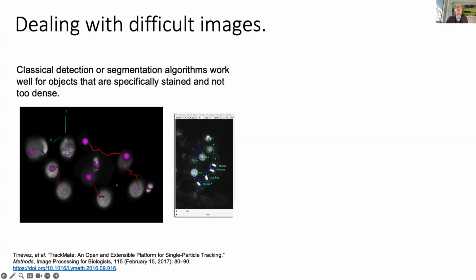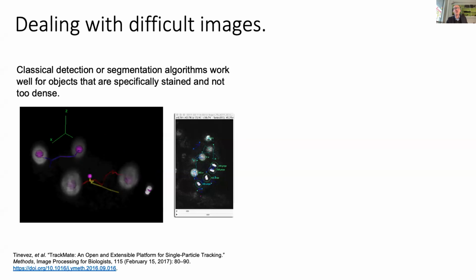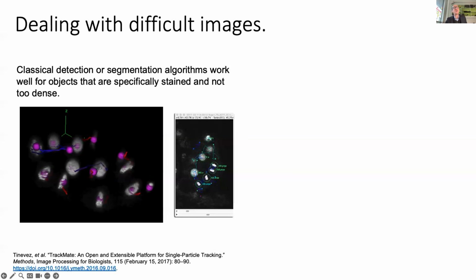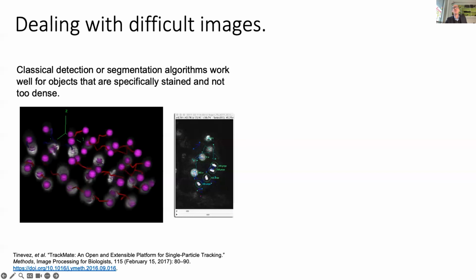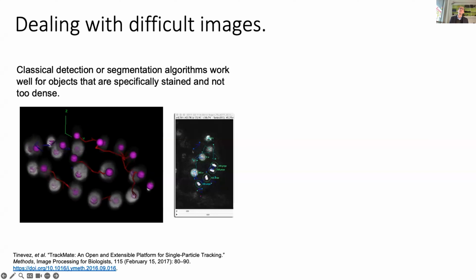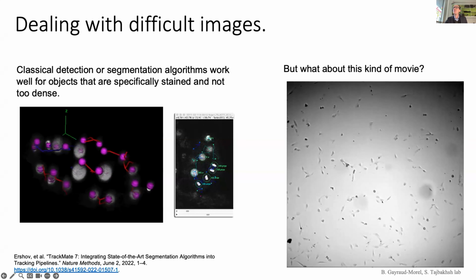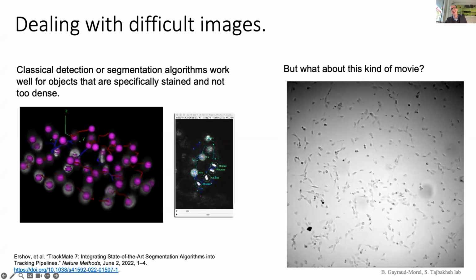And here I'm just showing an example of detection, right? I want to detect objects, but I'm not interested in their shape. So I have these little magenta balls that you see here, and here I have these circles. So this works well and good, but the challenge is, what to do when you have this kind of samples.